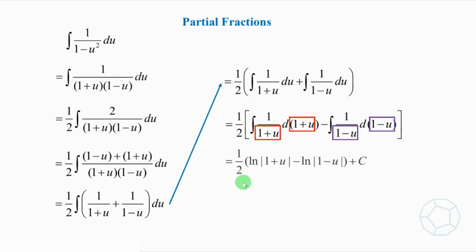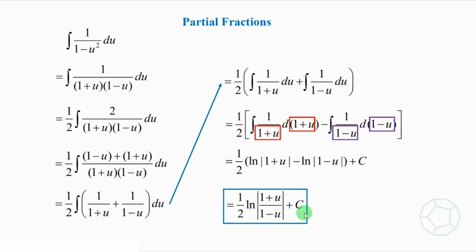Now, the answer is 1/2 log absolute 1 plus u minus log absolute 1 minus u plus c. The difference of 2 log terms can be combined as a single one. It's 1/2 log absolute 1 plus u over 1 minus u plus c. So how do the other 3 forms of answer depend on this result?